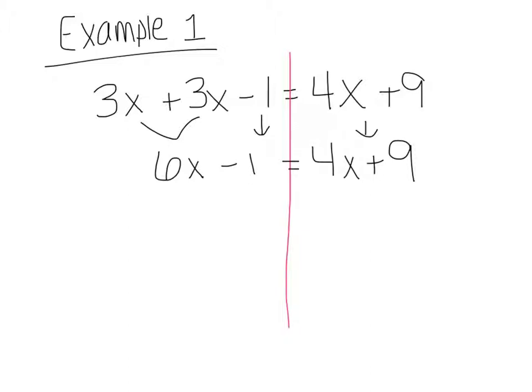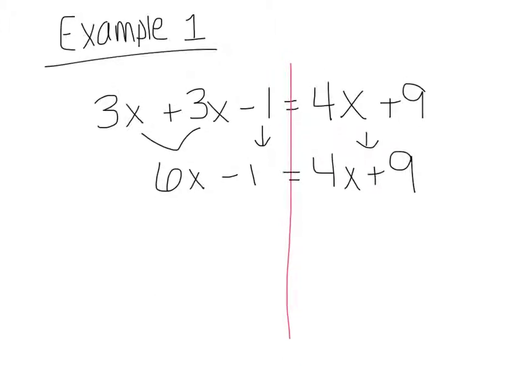And to do that at this point, I see I've got 6x over here and 4x over here. What would make the most sense to me is to get rid of this 4x by adding negative 4x. But if I do it to the right, I have to also do it to the left, right? It's like adding 4 red x's to your mat.